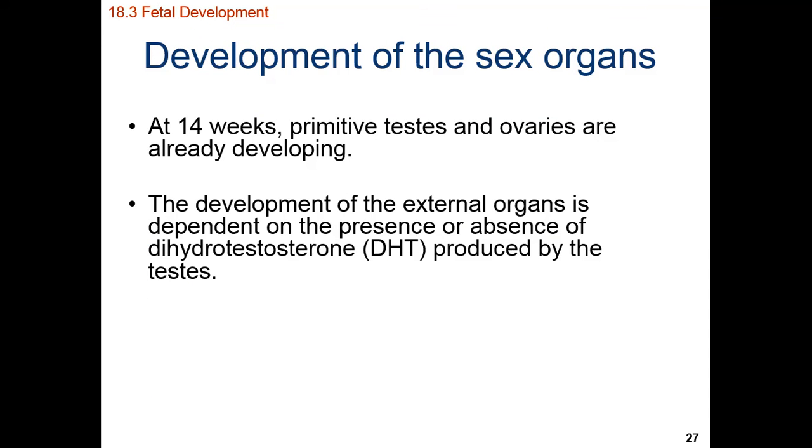14 weeks after fertilization, we find that there are already primitive testicles and primitive ovaries that are developing, and the external sex organs are going to develop if dihydrotestosterone is produced by the testes.